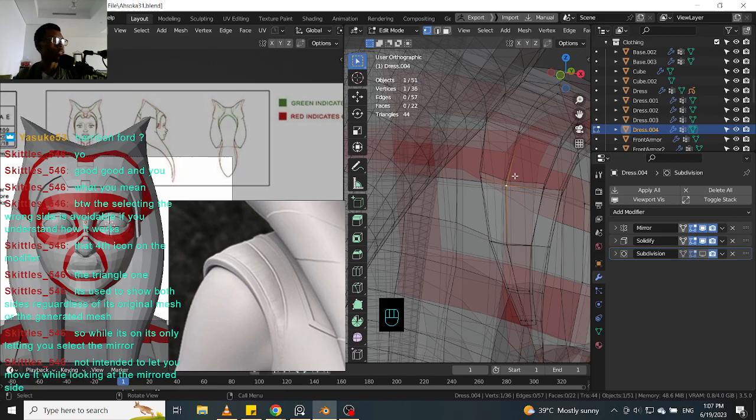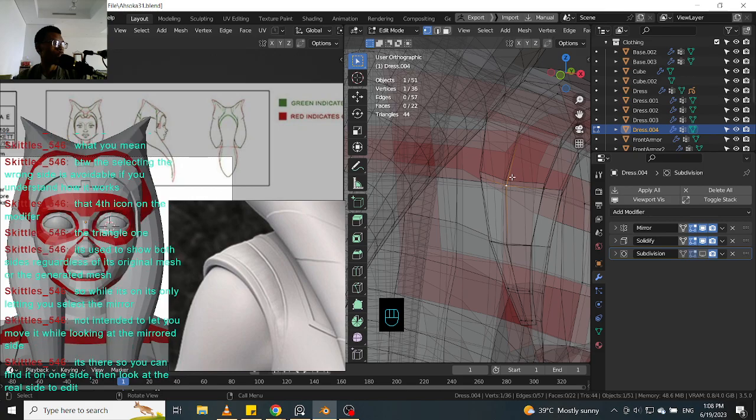So while it's on, it only lets you select the mirror side, not extended to let you move it while looking at the mirror side.